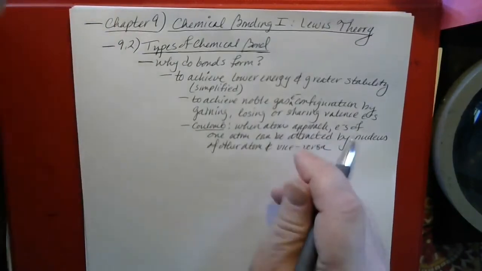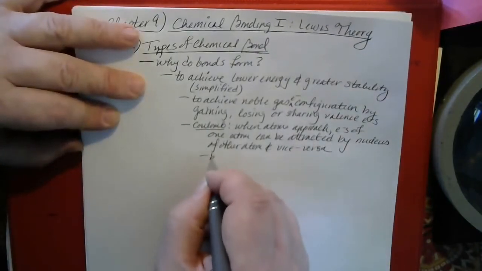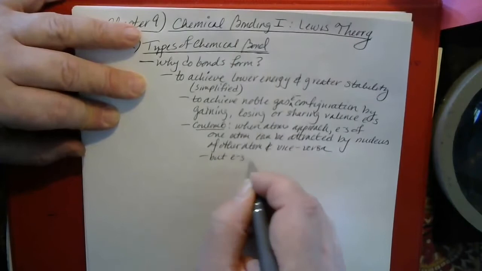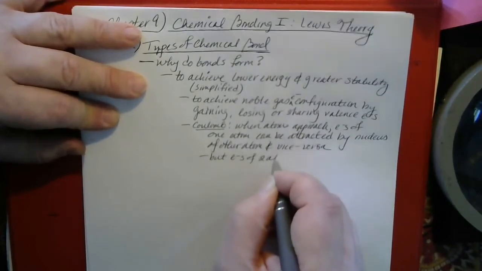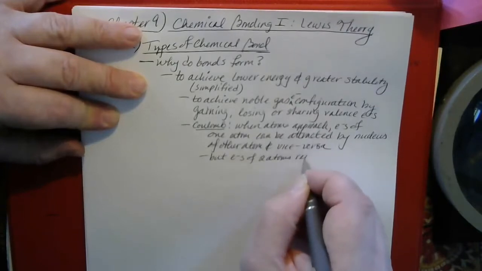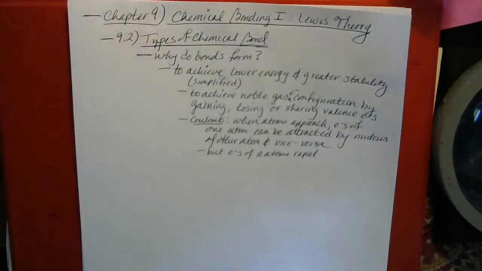And so the other atom can also be attracted to the first atom. But the problem is that the electrons of both of these atoms are around the outside of the atoms. And so in order to interact with anything else, you kind of have to get by the electrons. And the electrons of any given atom should repel the electrons of any other given atom.